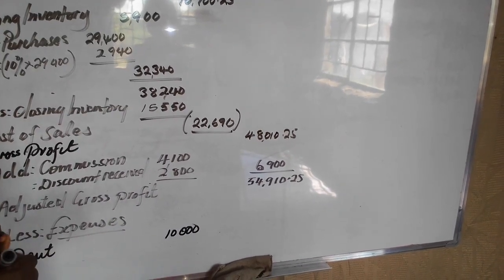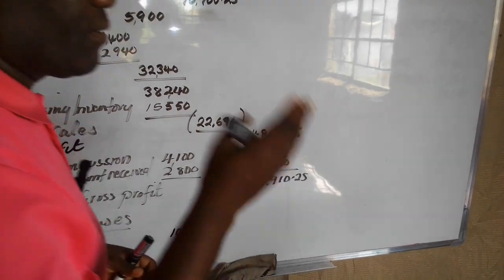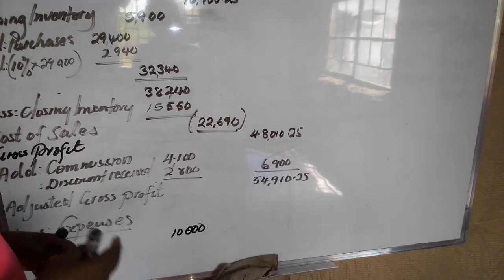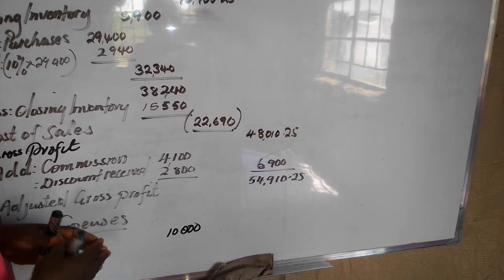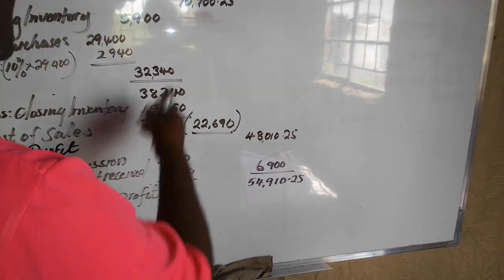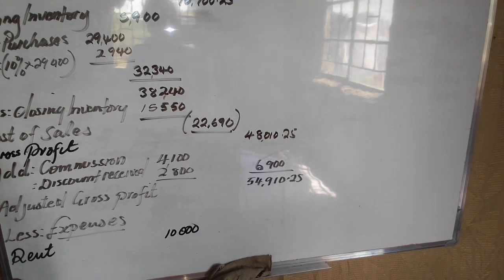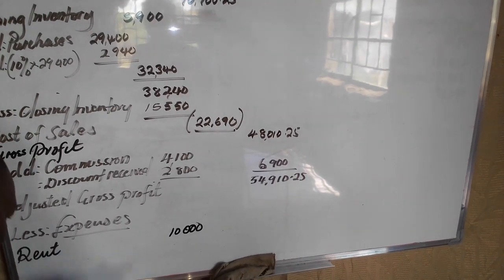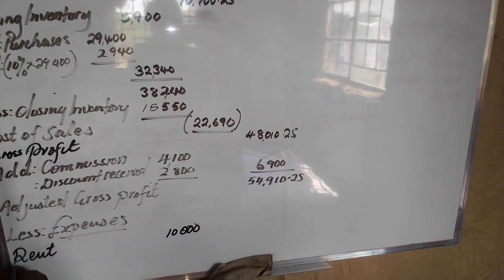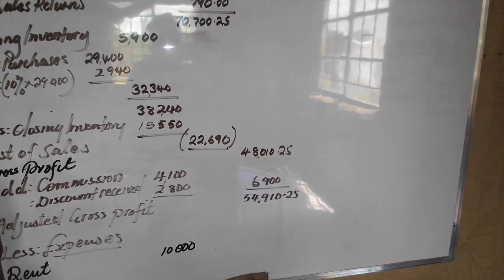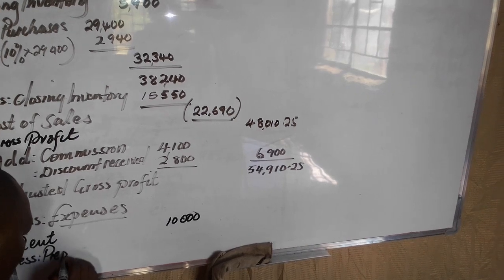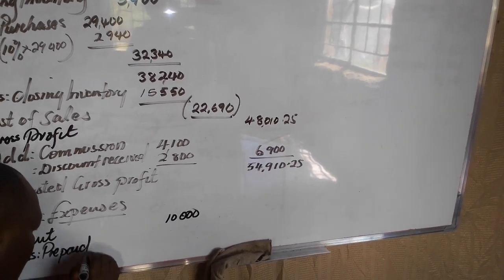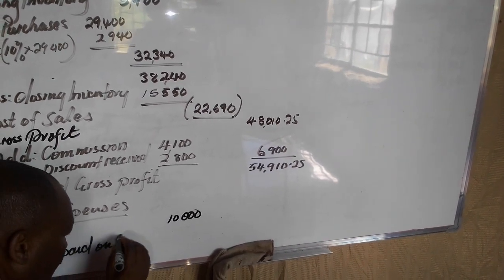Now we are told that on rent there's an adjustment which is a prepaid. The total bill is 10,000, but this sole trader by the name of Peter Mwale had prepaid, or paid in advance. So we say less prepaid on rent.